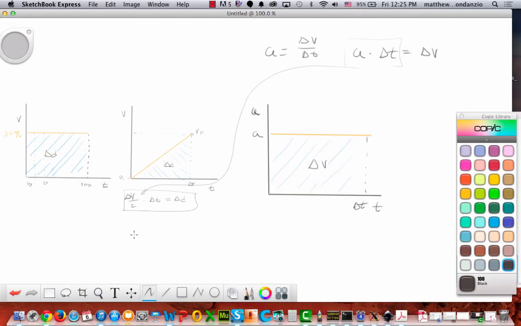And I can say, look, delta v, which is really a times delta t, over 2 times delta t over 1 equals delta d, right? So my delta d for constant acceleration is a delta t squared times 1/2. And that's how we figure out our distance relative to our time at a constant acceleration.